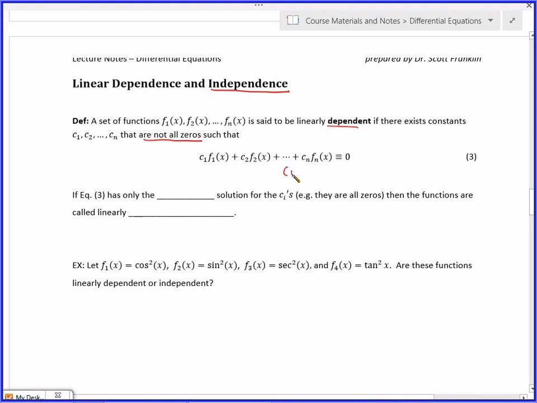So if there is a non-trivial solution to 3, then we say they're dependent.